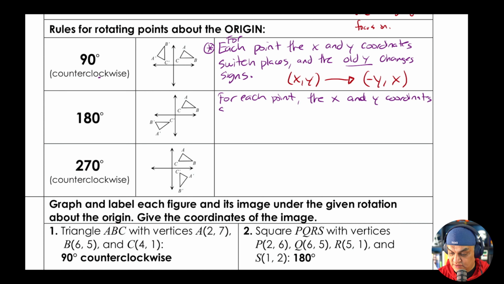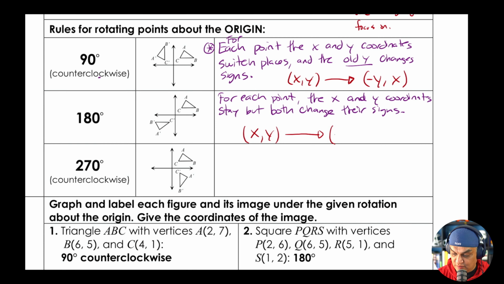Okay, and so if we want to talk about it, we have our original point, and this arrow means changes to, it changes to the opposite. So the x becomes -x, and the y becomes -y. And so that's what happens.